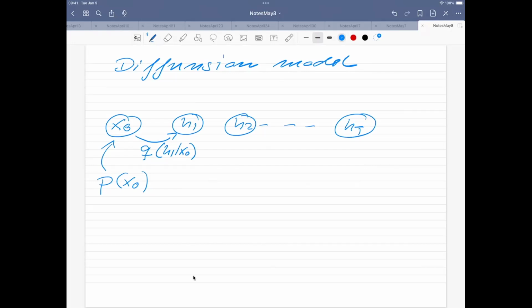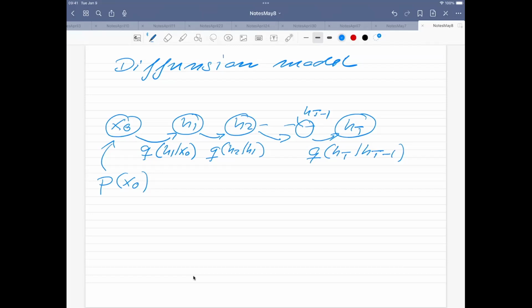And we are going to make small perturbations for each step of a normal distribution. So we are going to get an H2 of H1. And this is going to continue till we reach the final one, where we now have a Q of HT given an HT minus 1, which was the last step here. So this is going to be an H of T minus 1.